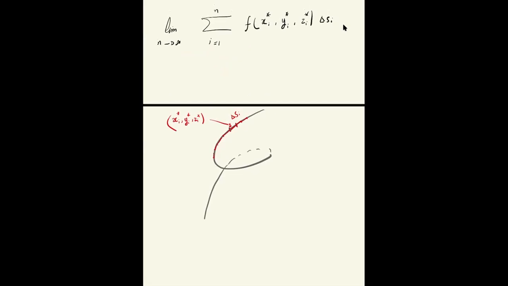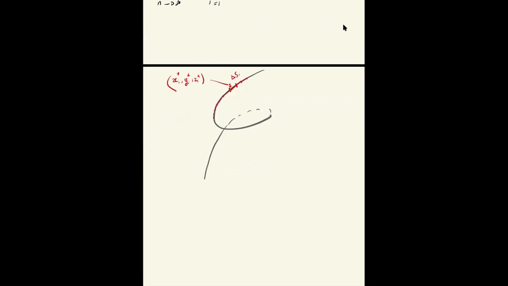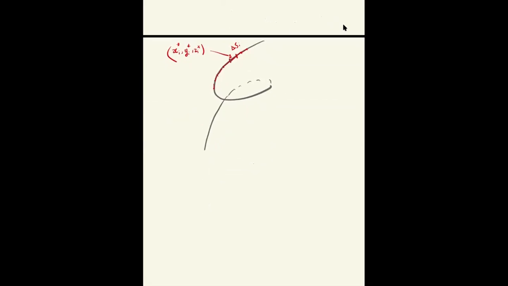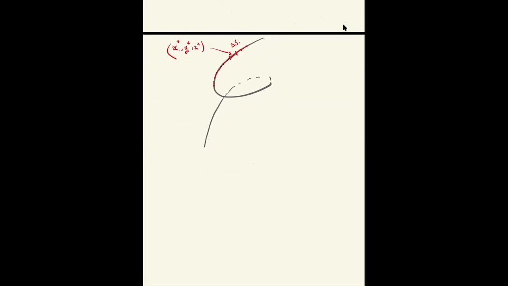So when you take t very small, delta s will be very small. They did the exact same thing as for the 2D case.